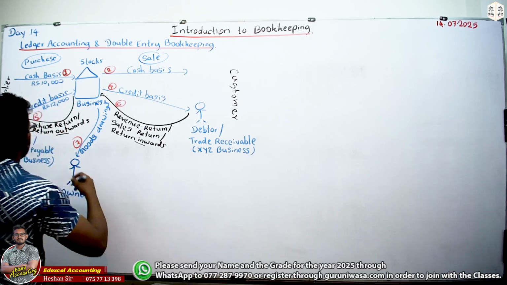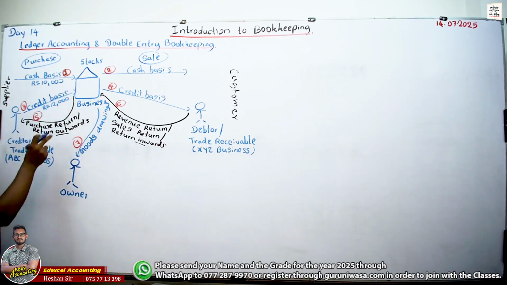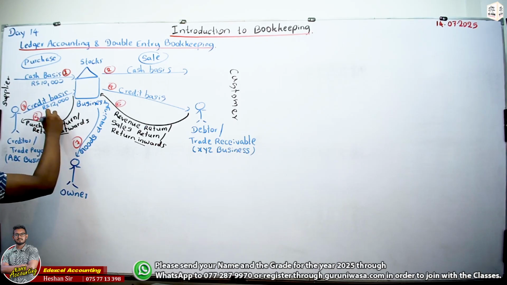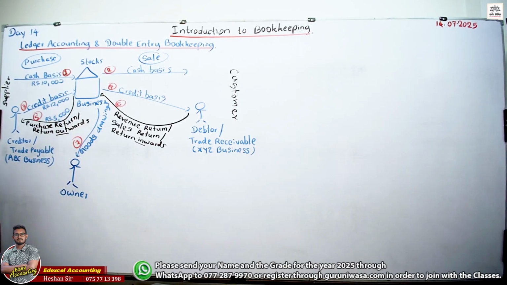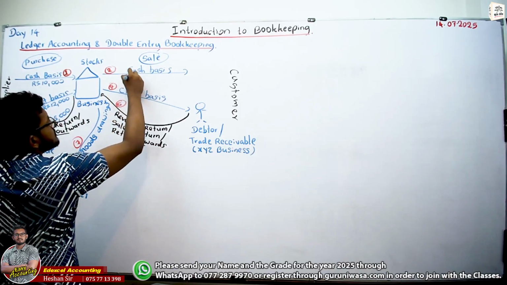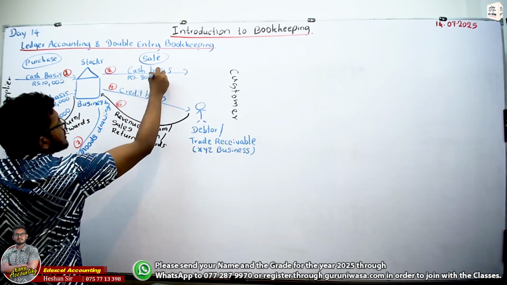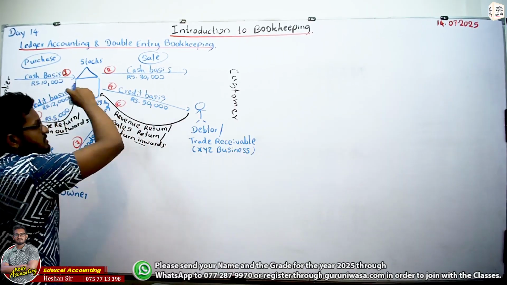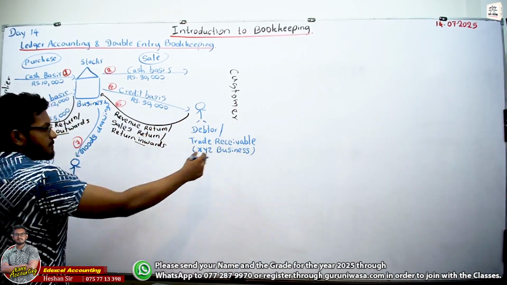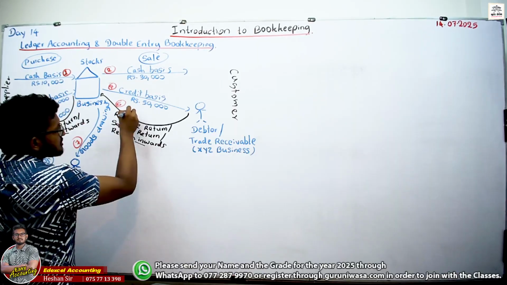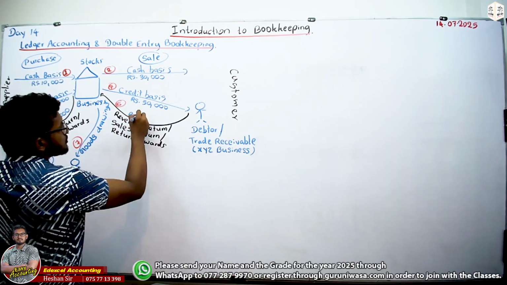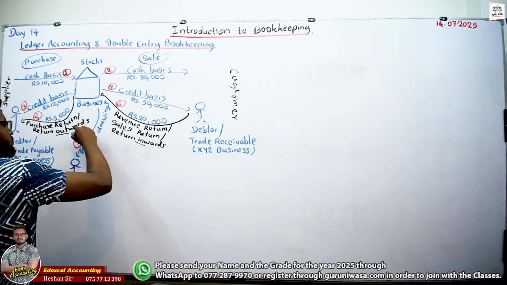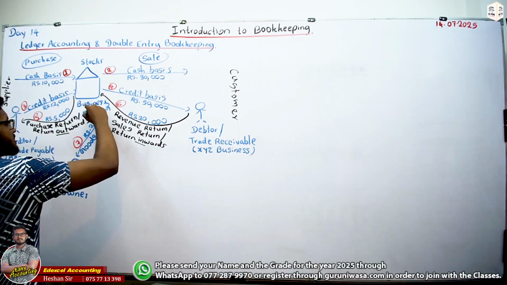Out of the 12,000 purchase from ABC business, we returned, think, rupees 5,000. Think our cash sales rupees 30,000. Credit sales rupees 50,000. Out of the 50,000 credit sales, the debtor, XYZ business, returned rupees 20,000 goods. And think owner's goods drawing rupees 2,000. All the things at once, right?